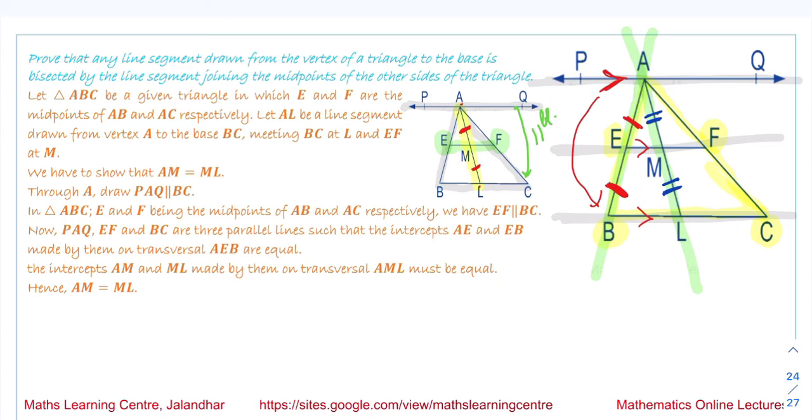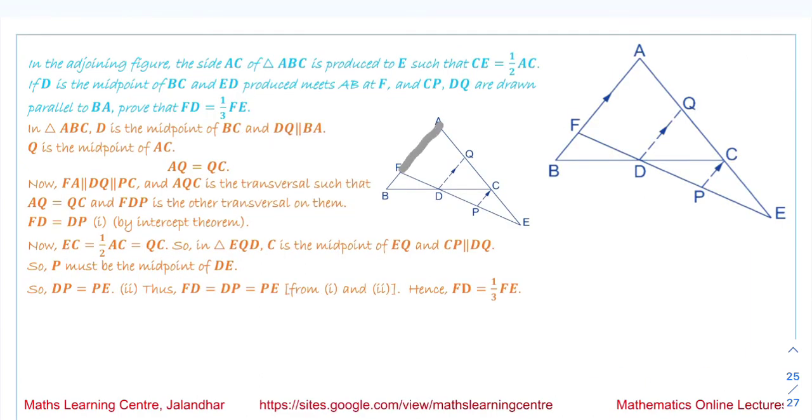Next we are given a triangle ABC, and the side AC is produced to E such that CE is half of AC.